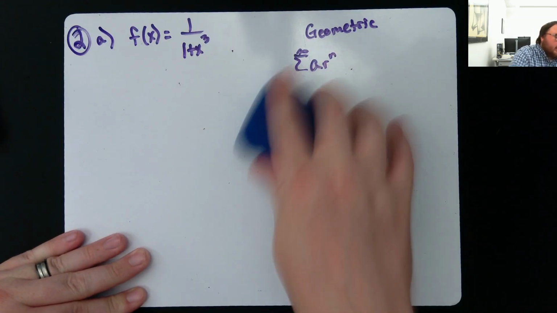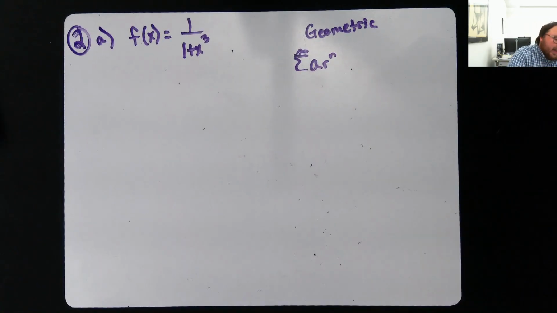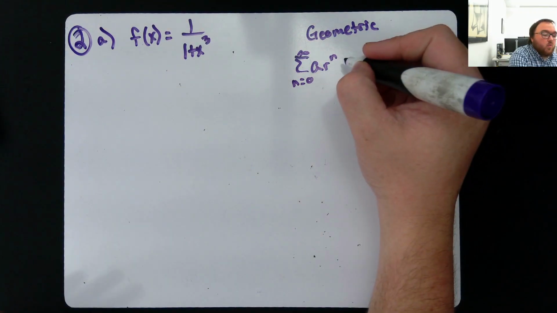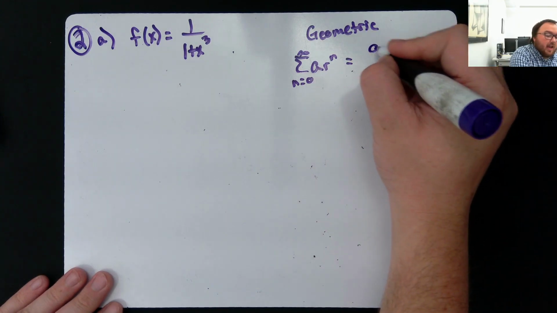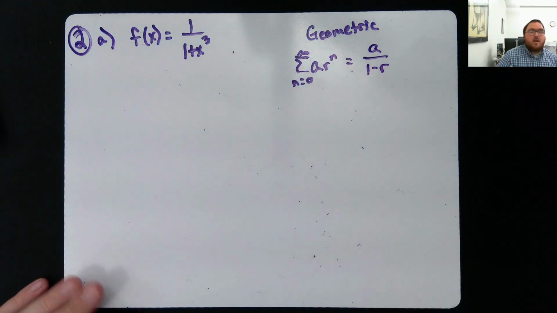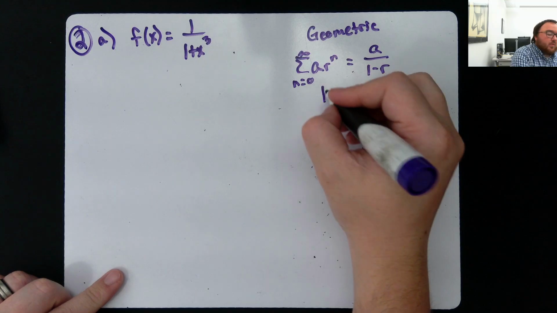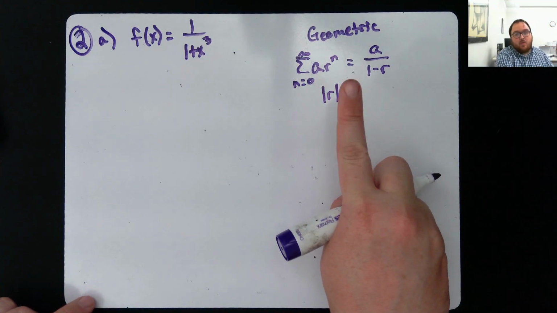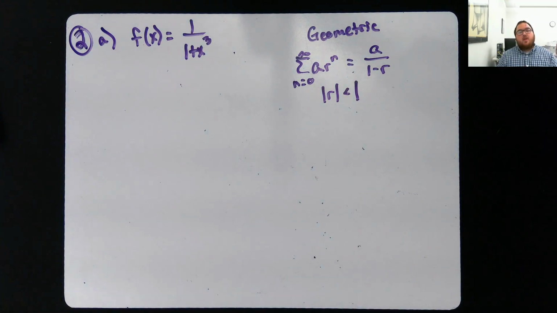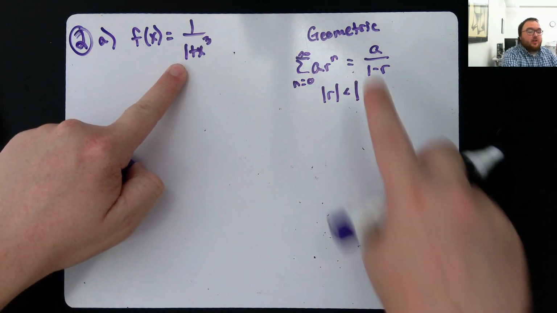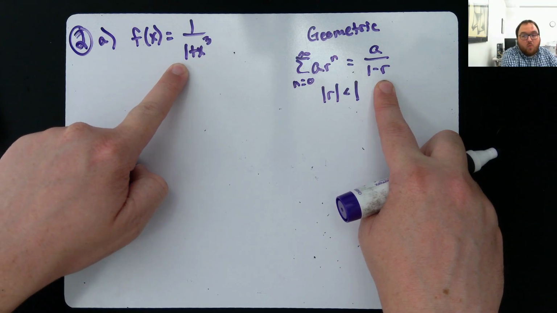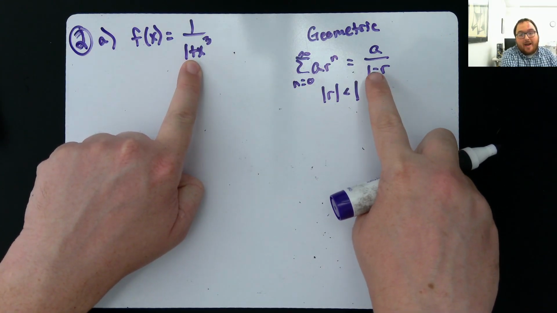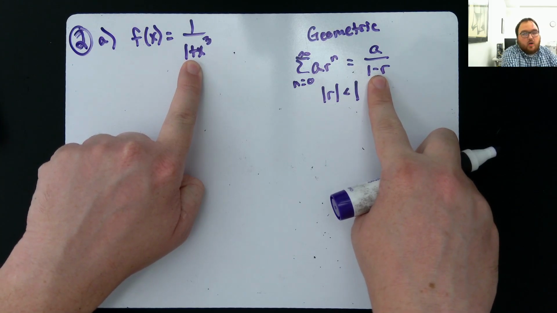Since they're starting at 0, we can leave it as just an n. And what we said is that this was equal to a over 1 minus r, as long as the absolute value of r was less than 1. Notice this is strictly less than 1. Okay? This kind of looks like this a little bit. The only thing is that I have 1 plus right here when it should be 1 minus.